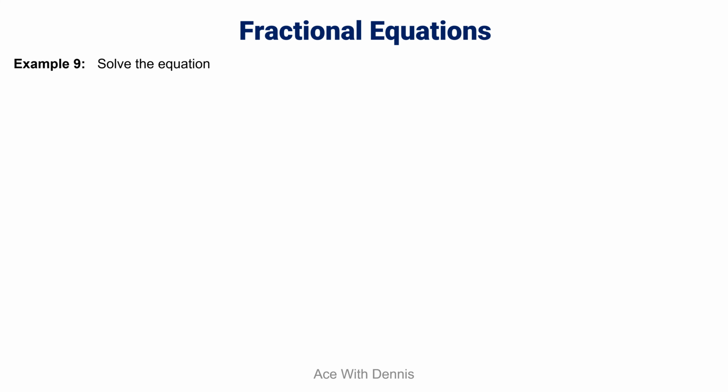Cross multiply, we have 16,500 equals 4x squared minus 80x. Then move everything to the right hand side. We have 0 equals 4x squared minus 80x minus 16,500. Okay, so divide by 4 to simplify further.